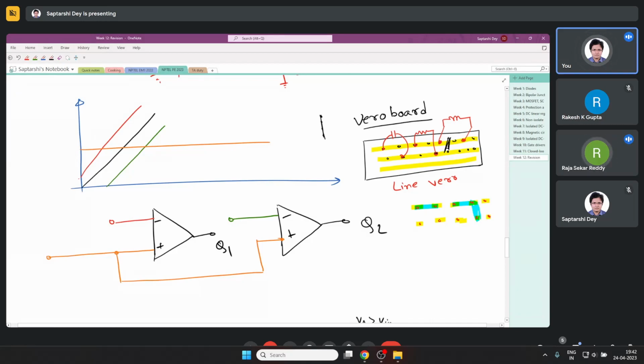The larger the flexibility you have in your hand, the smaller your circuit will be, and the largest flexibility you will get is from a PCB. These things you will get to buy in electronic shops.